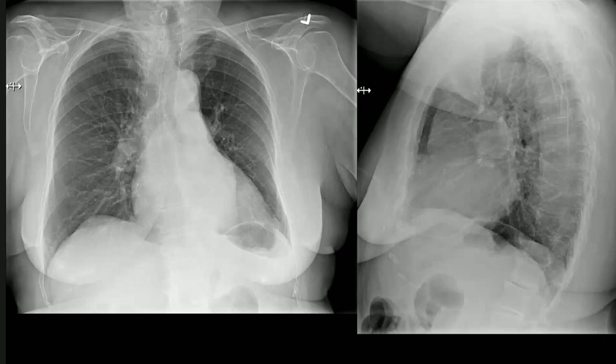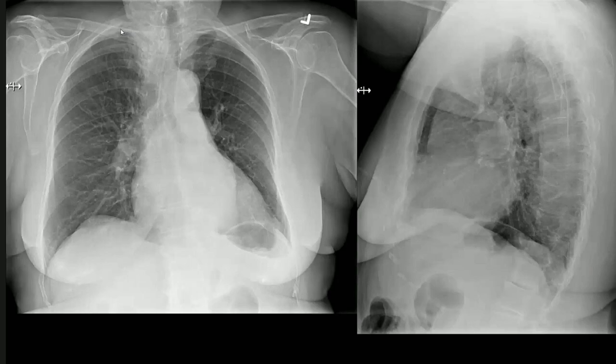On the lateral, I'm trying to zoom the image so that I'm able to appreciate this. I think the clue lies on the frontal radiograph. So it must be likely posterior mediastinal because the lesion is going above the clavicles. If the lesion was going above the clavicle, it should be coming up here, right?